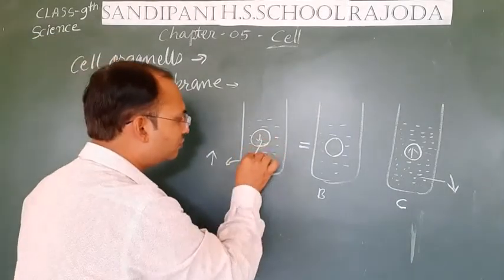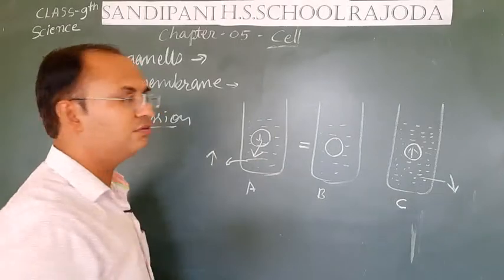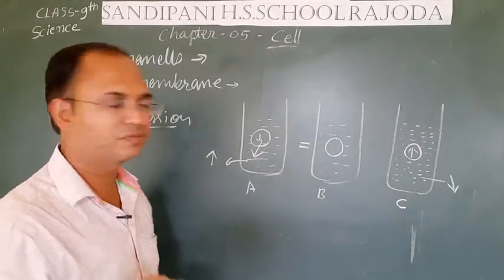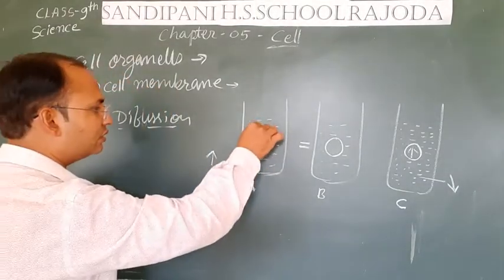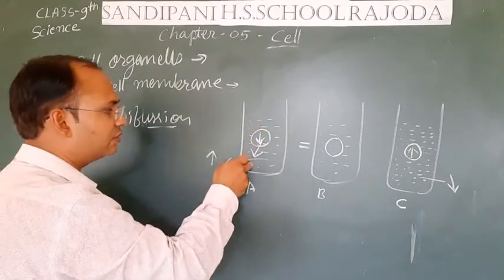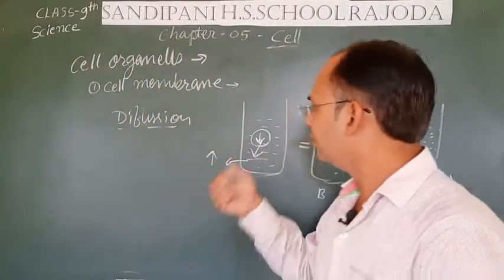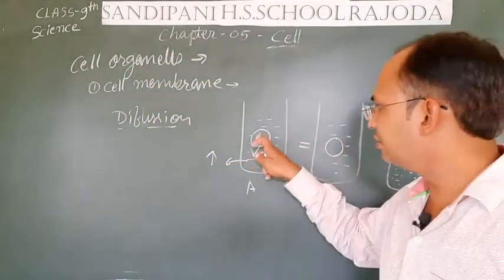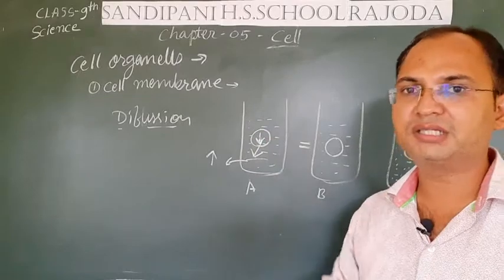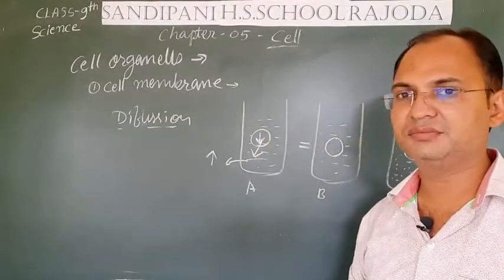Water will move outside the cell from lower concentration to higher concentration. You can see here that the concentration inside the cell is low and outside the cell, that is in water, is high, and movement of the solvent particles or water takes place from inside to outside.